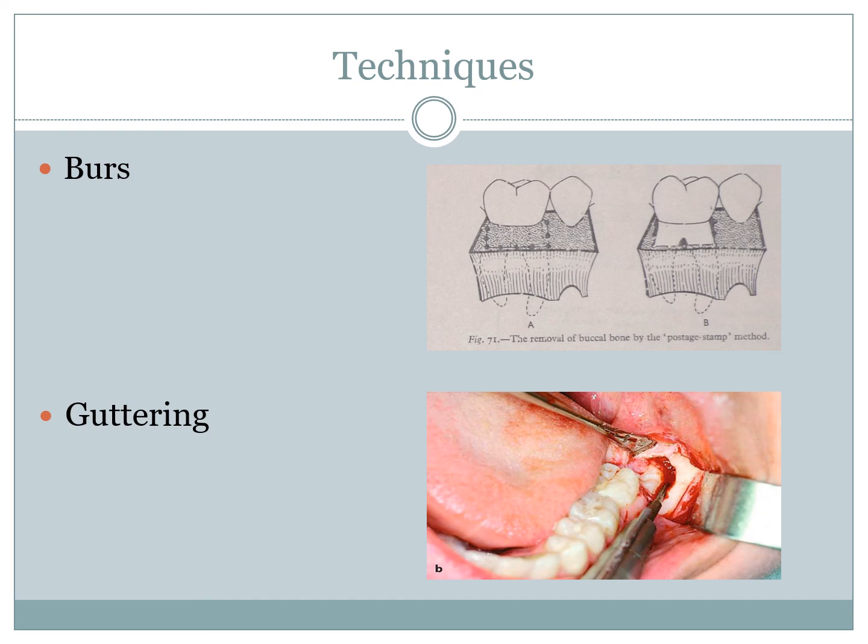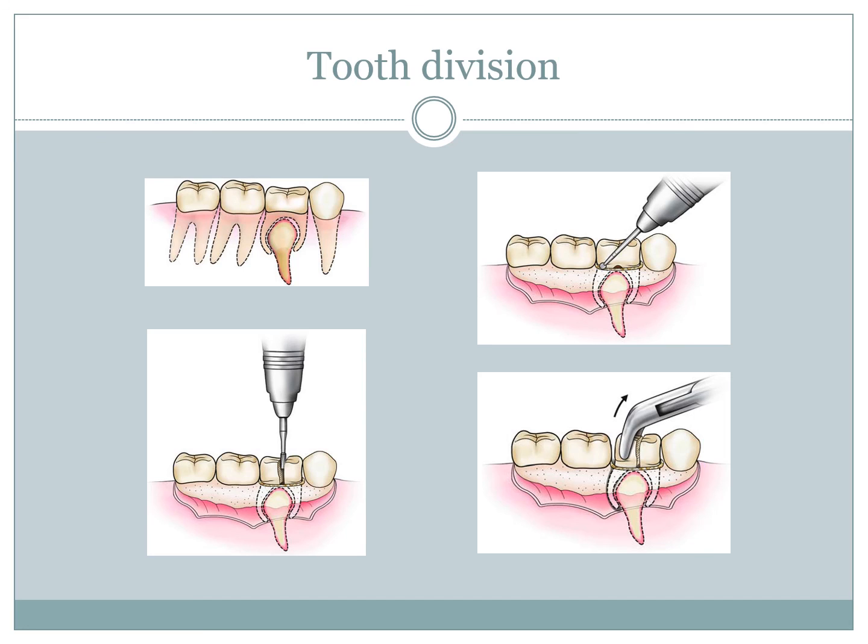Then, after raising the flap, bone cutting is done on the buccal side. If it's impacted, you can see in the second diagram that buccal bone cutting surrounding the tooth is done. And sometimes we want a division, which is called odontectomy.